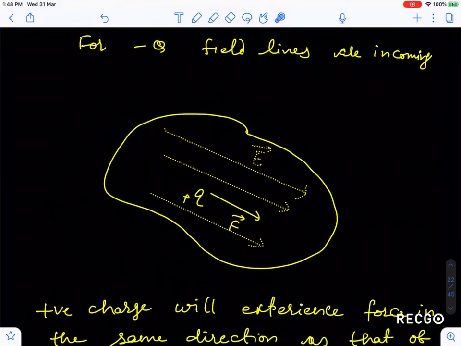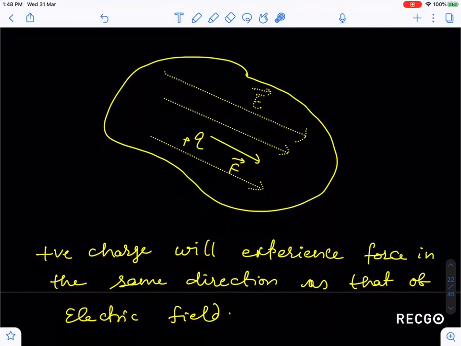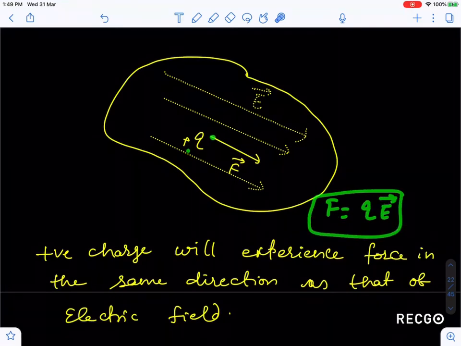Now what happens if I put a positive charge q in this field of Q? It will experience force equal to qE, and the direction of the force is the same direction.